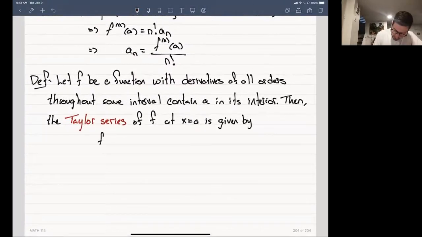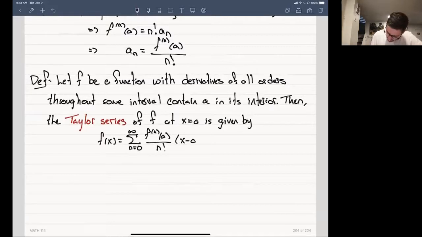So f of x is equal to the sum from n equals 0 to infinity of the nth derivative at A divided by n factorial, times x minus A to the power of n. All this is exactly what I just showed you with that informal derivative taking and finding the pattern to get the coefficients.